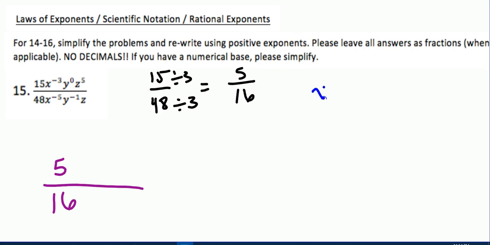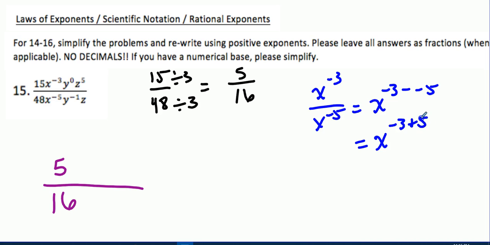So x to the -3 over x to the -5 is x to the -3 minus -5, because when I divide the bases, I subtract the exponents. And if I'm not sure what that is off the top of my head, I can use a calculator. But it should be x squared. And again, notice there's a positive exponent in the top. So we'll keep that as a positive exponent in the top. Y to the 0 is just 1. So that's just 1.